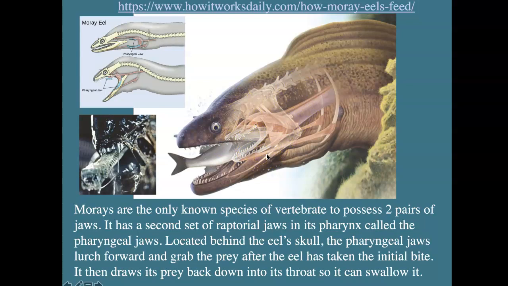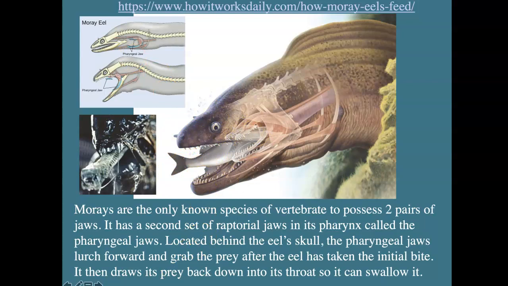They call them raptorial jaws inside its pharynx in here. And we call them pharyngeal jaws because they're inside the pharynx. You can see here's the pharyngeal jaw in blue here. And so what ends up happening is this pharyngeal jaw will be used to lurch forward and grab the prey after the eel initially bites onto a fish.